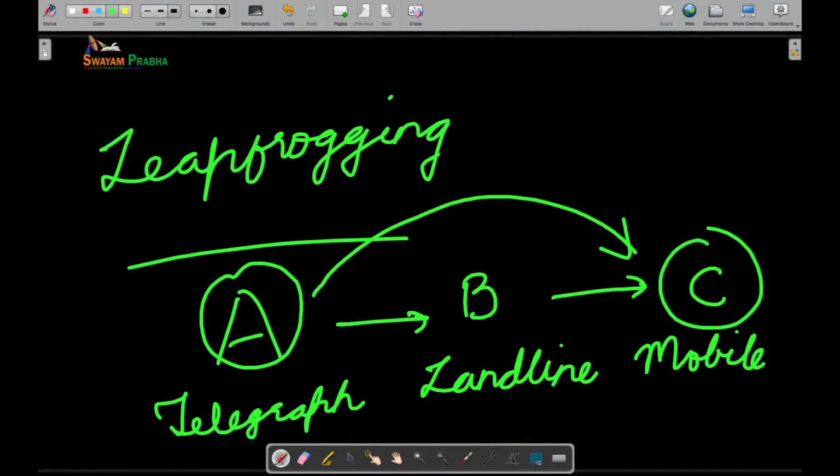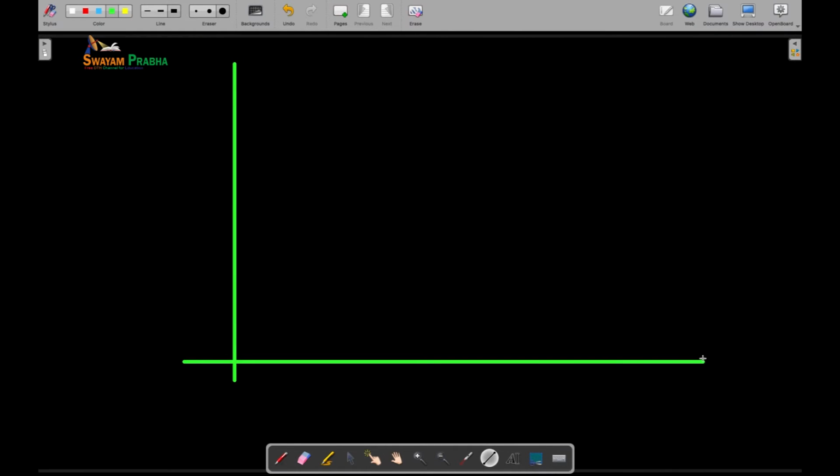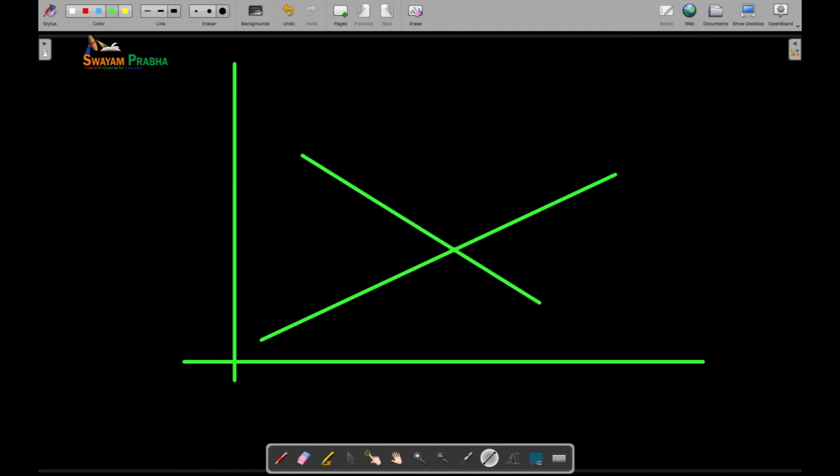Essentially, what we have observed is that in the case of a market, we have the supply curve and the demand curve.